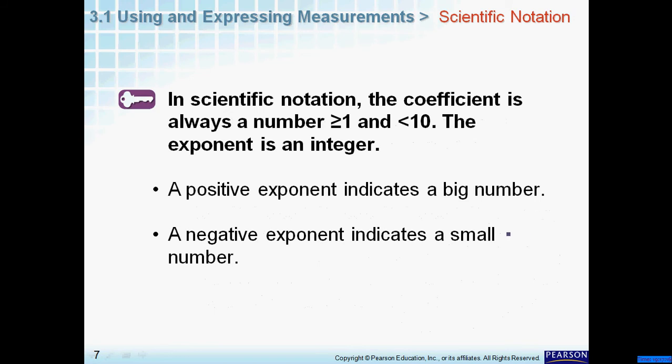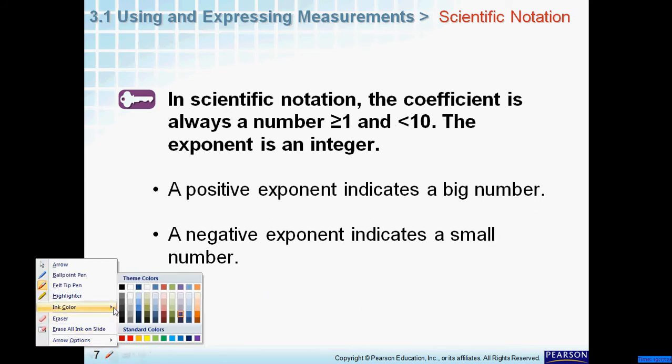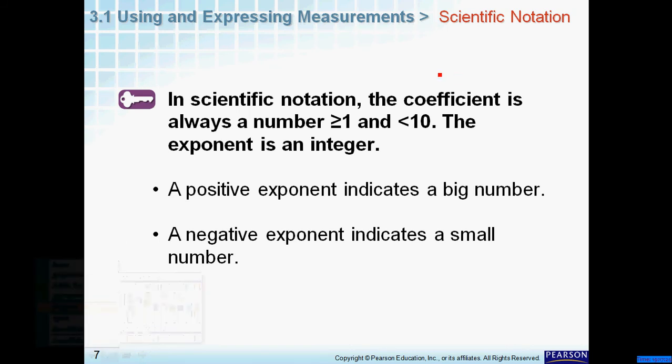When we're working with the coefficient, remember our coefficient was in red. The coefficient has to be a number between 1 and 10. It has to be greater than or equal to 1 and less than 10.